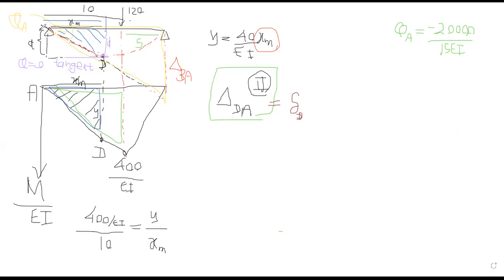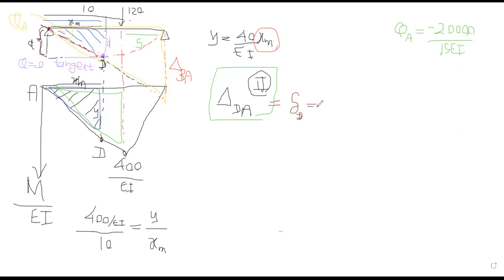So the tangent drawn at A and the tangent drawn at D, horizontal and having some slope respectively. So the vertical intercept gives you the deflection, because the tangent is horizontal. That's how, in this special case, you will end up with the deflection. If not, this cannot always be the deflection, right?